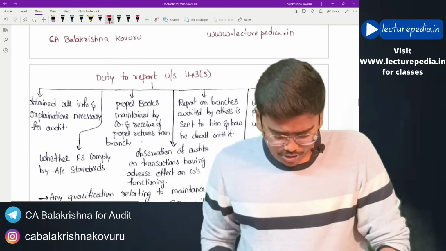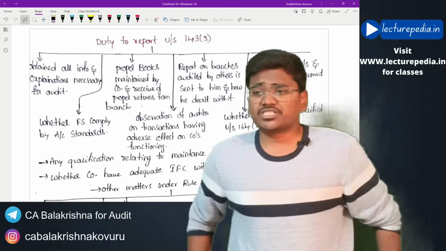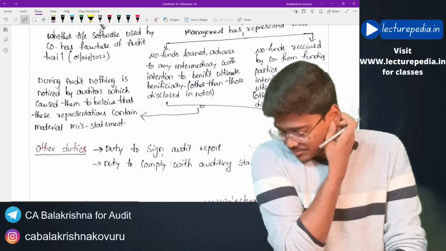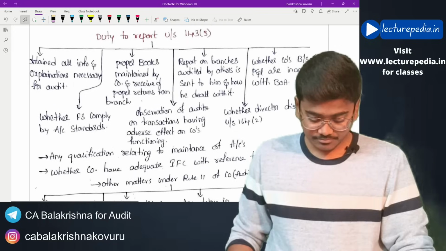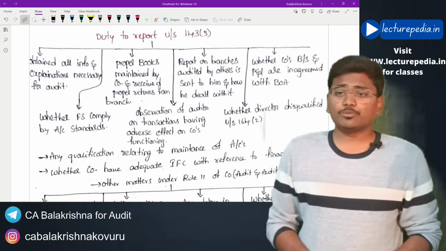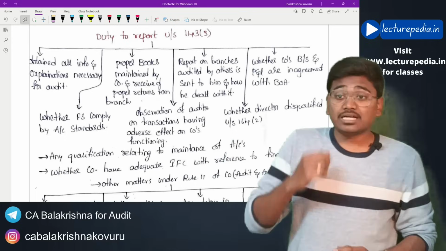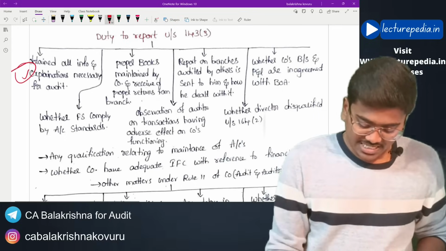And coming to the duty of the auditor to report under section number 143 subsection 3, there is a huge list under section 143 subsection 3. Let us see. First of all, the auditor has to report whether he has obtained all the information and explanation that is required for the purpose of conducting the audit. That has to be reported.